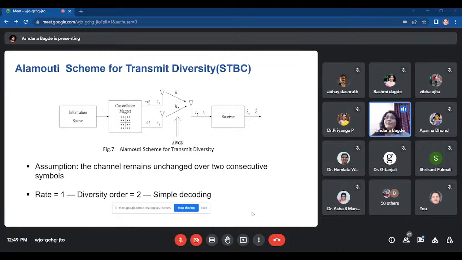If proper use of transmitter and receiver is done, then we are in a position to get back the signal. And by deploying such technology, we can find out its diversity order.